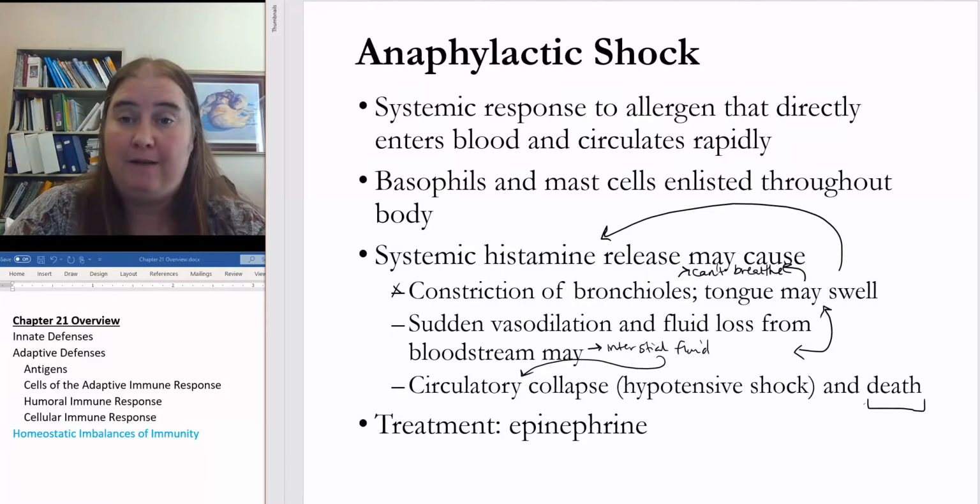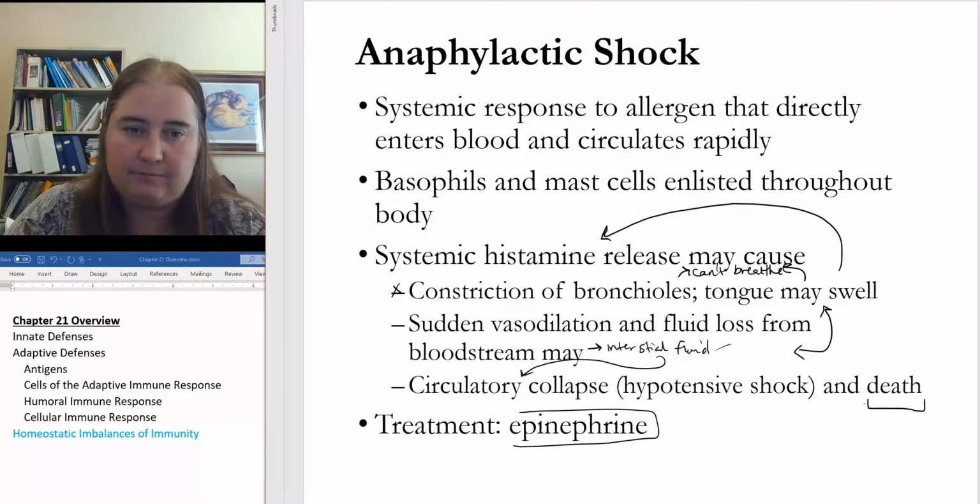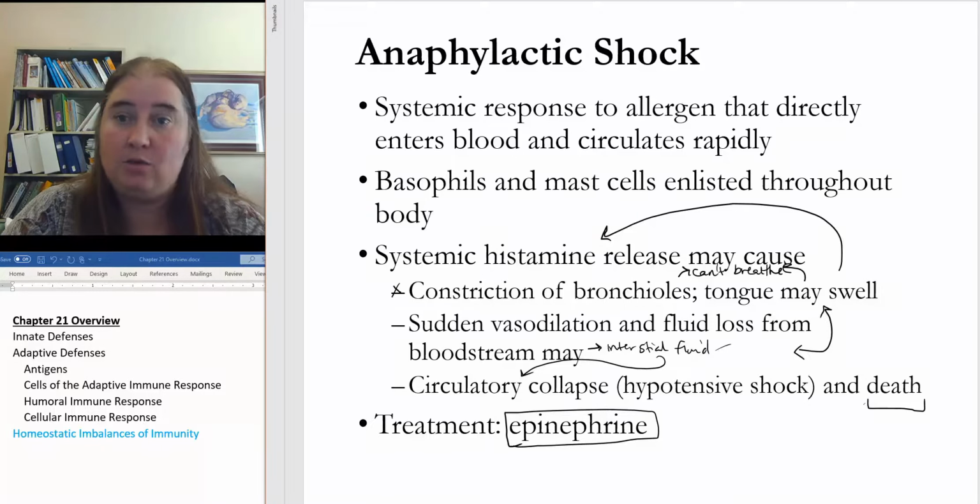Now, a very, very simple counteraction, something that counteracts this process very effectively, epinephrine. Okay? So this is often referred to as an EpiPen. That's the pharmaceutical marketed ones. This was under a whole bunch of scrutiny over the last few years because of the price gouging with EpiPens.